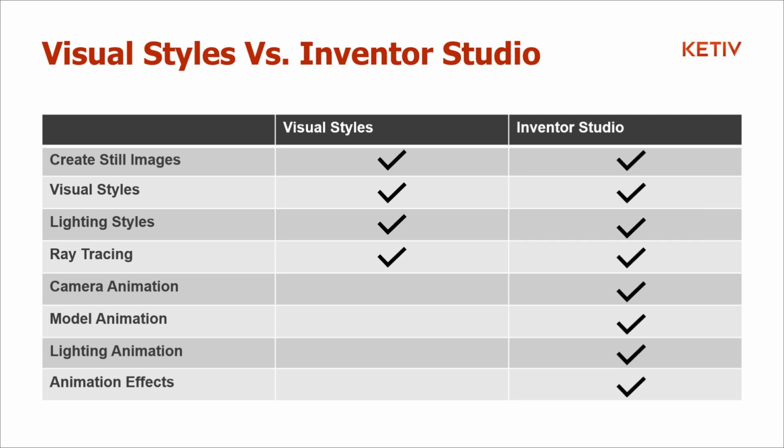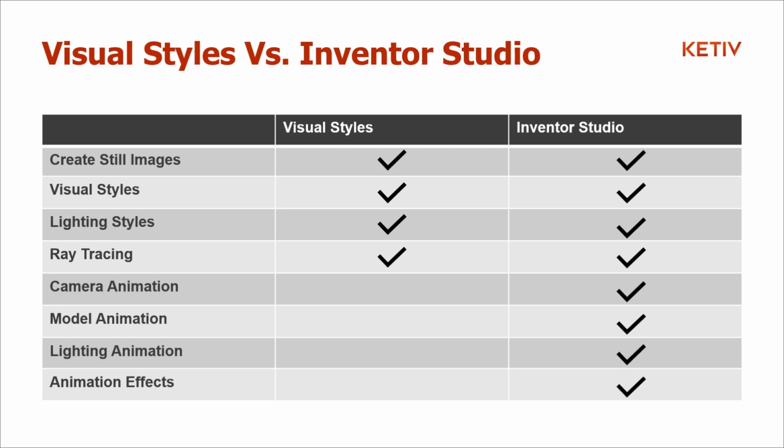If you're familiar with Inventor, you might have come across what is called Inventor Studio. Inventor Studio is located in the Environments tab inside of Inventor, and you are able to create high quality images of your model as well as animation.